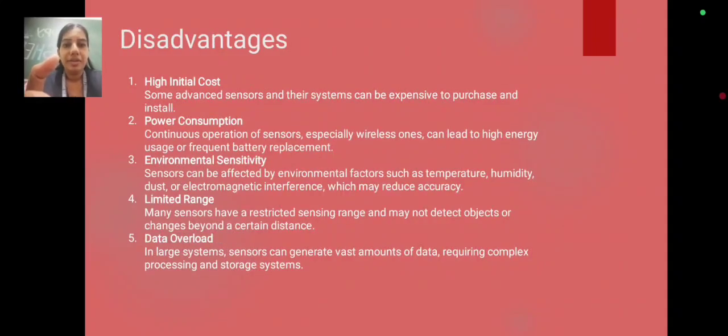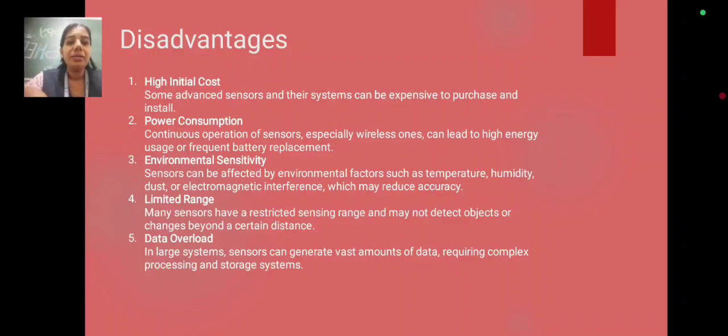Here are some disadvantages of sensors, that is high initial cost. Next is power consumption. Next disadvantage is environmental sensitivity. The next disadvantage is limited range, and the last is data overload. In the disadvantage of high initial cost, some advanced sensors and their systems can be expensive to purchase and install.